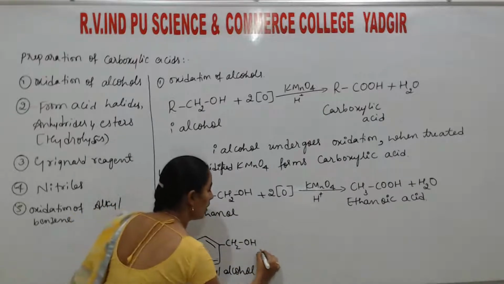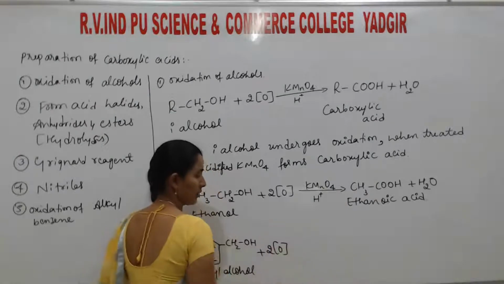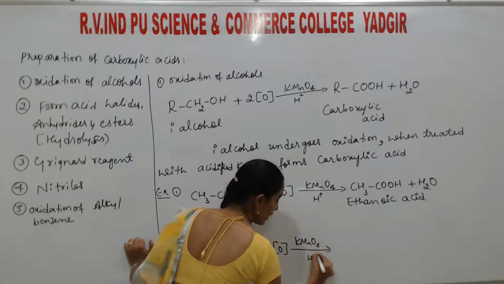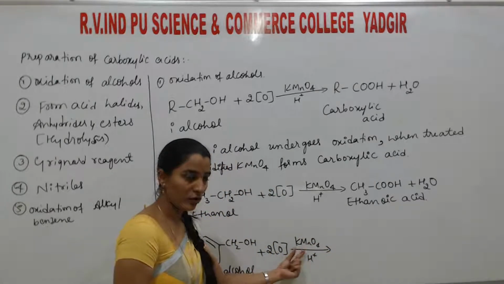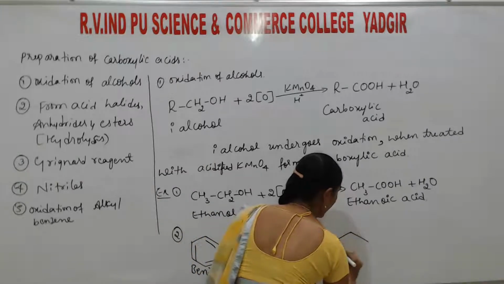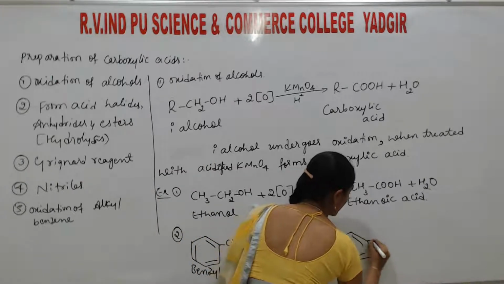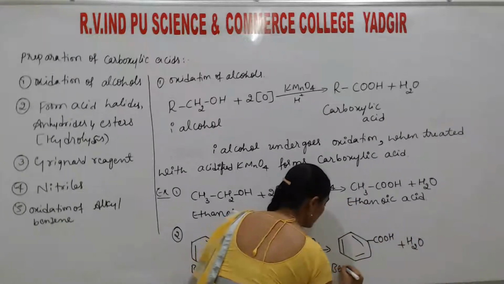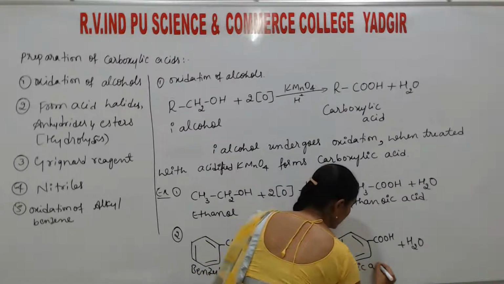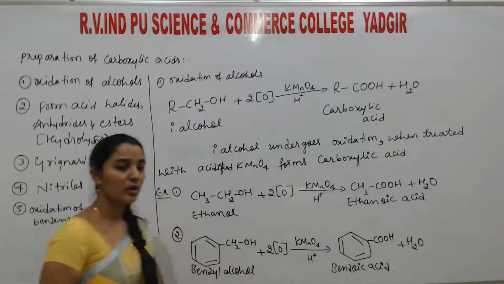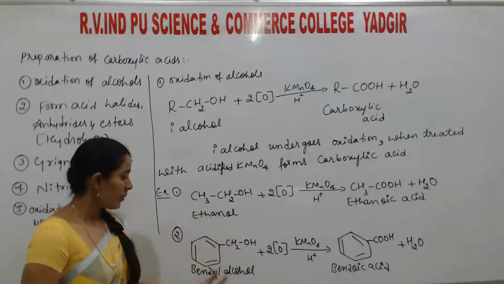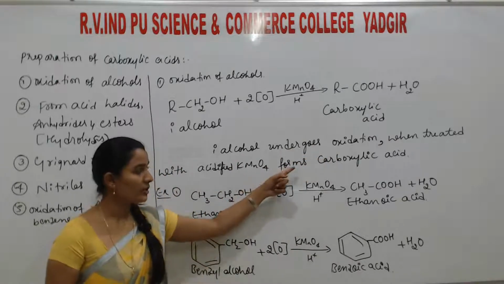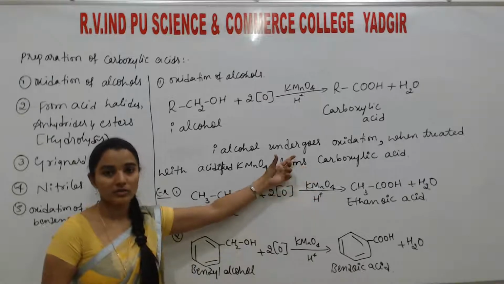When benzyl alcohol undergoes oxidation when it is treated with acidified KMnO4, where H plus represents acidified, it forms this structure with COOH, that is benzoic acid. So can I write: benzyl alcohol undergoes oxidation when treated with acidified KMnO4 forms benzoic acid. That is how to replace the definition.